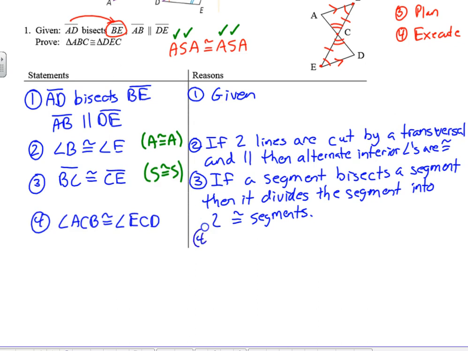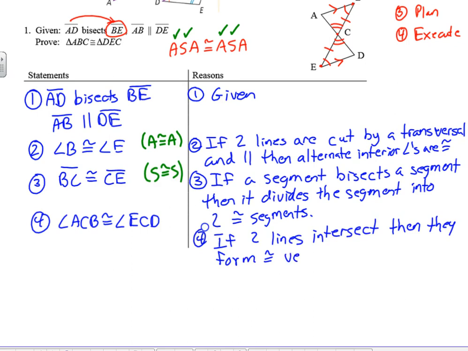And the reason is, if two lines intersect, then they form congruent vertical angles. Don't forget the congruent part, don't forget the vertical angles part there.